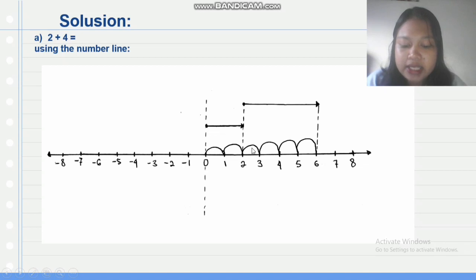We make the second one, which is 4, which from the 2 point moves 4 steps to the right, like this. 1, 2, 3, 4. Okay, now we get the result, which is 6.